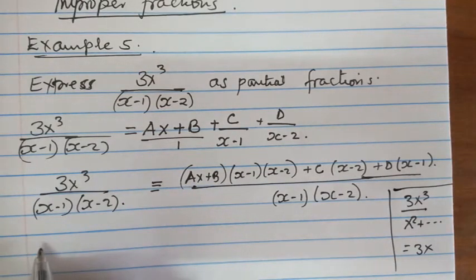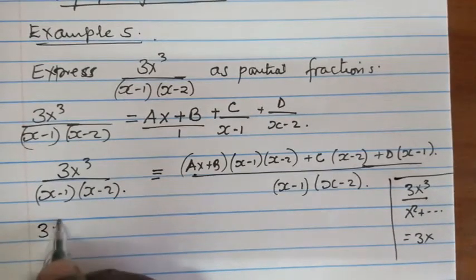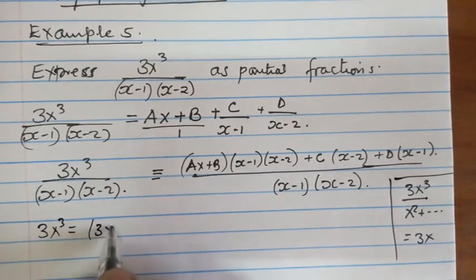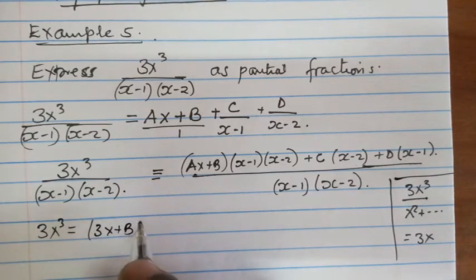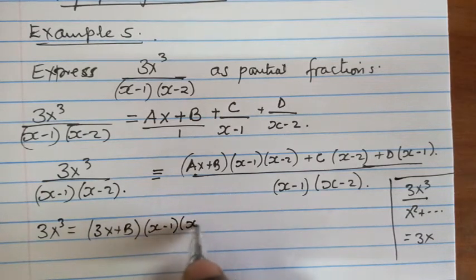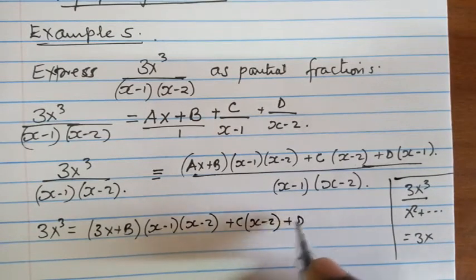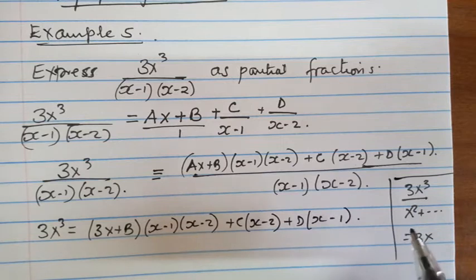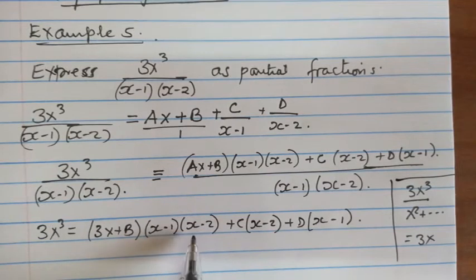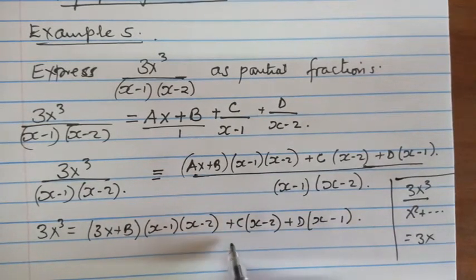So in other words, you're going to say that 3x cubed is equal to (3x plus b)(x minus 1)(x minus 2) plus c (x minus 2) plus d (x minus 1). We have something like that. And now we have reached a stage whereby we need to nullify some brackets. The very first one, we can nullify the whole of this term, including this term, by letting x be equal to 1.